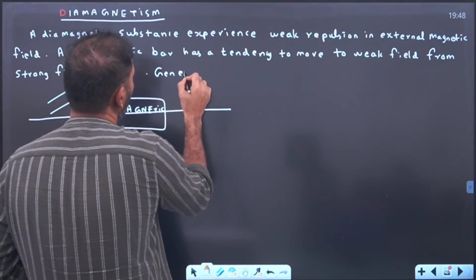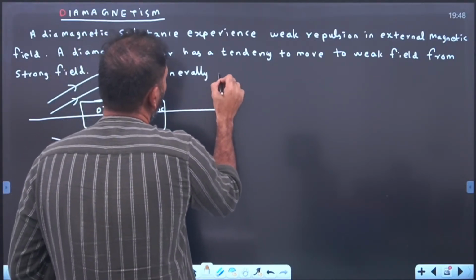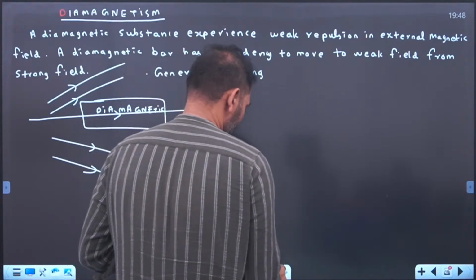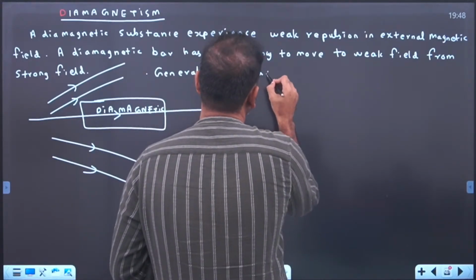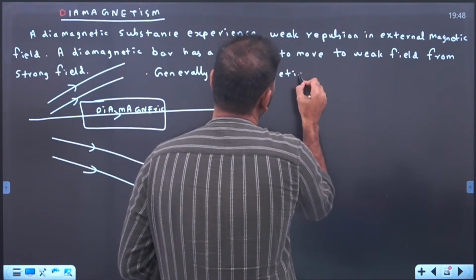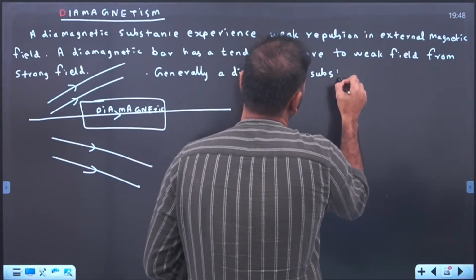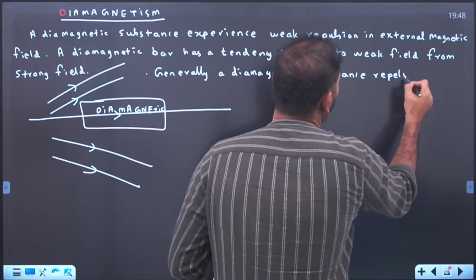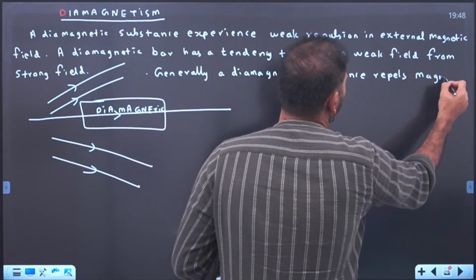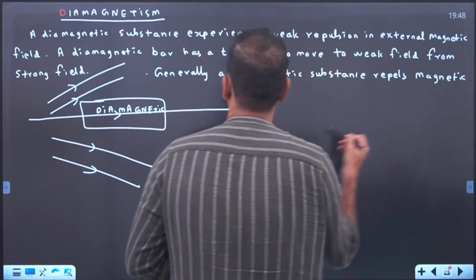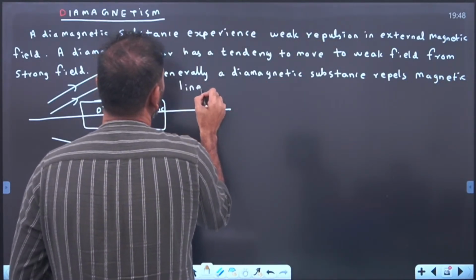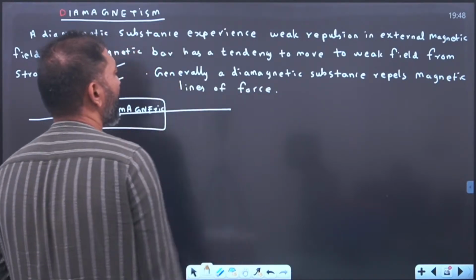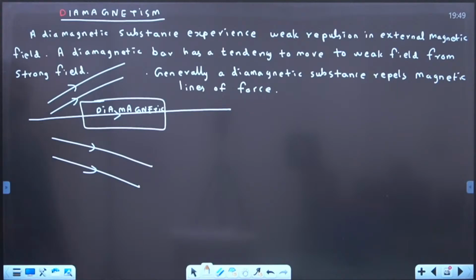Generally, a diamagnetic substance repels magnetic lines of force.